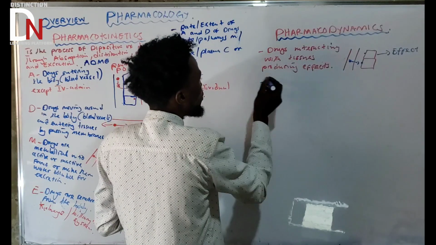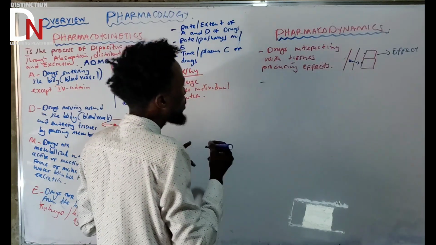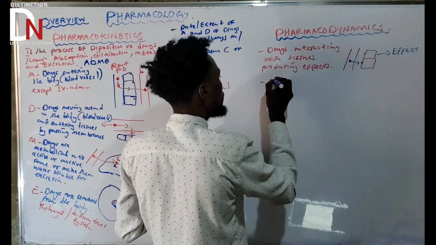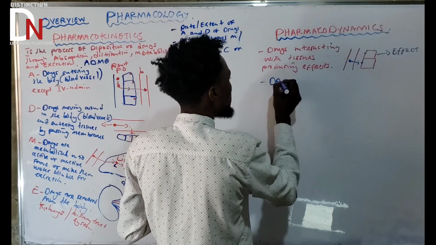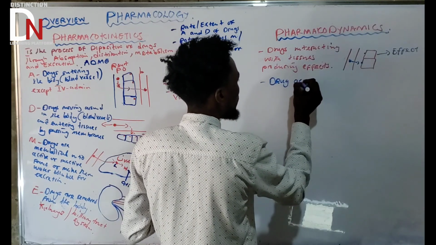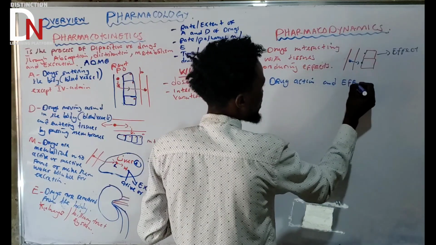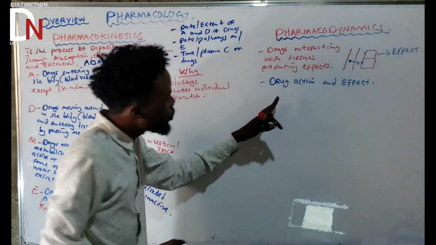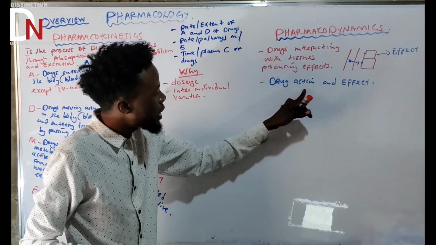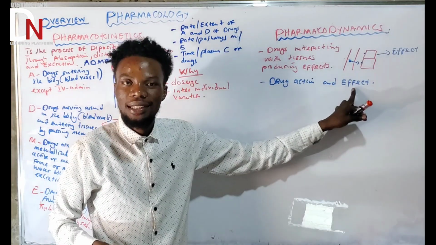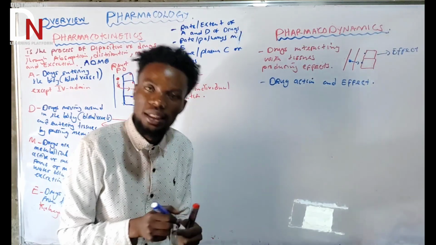Okay, so we'll talk about what we call the difference between drug action and effect. So you need to know the difference between drug action and drug effect. What's that difference?